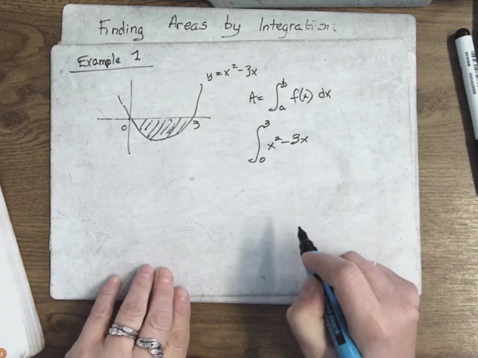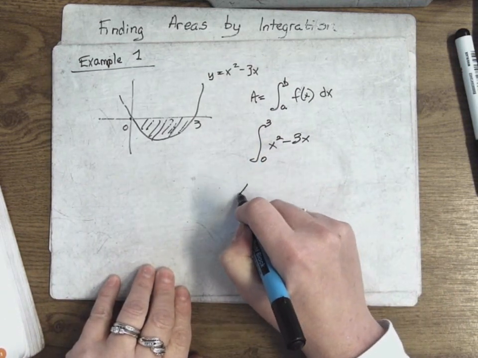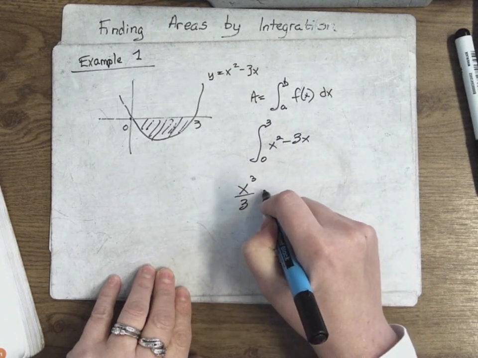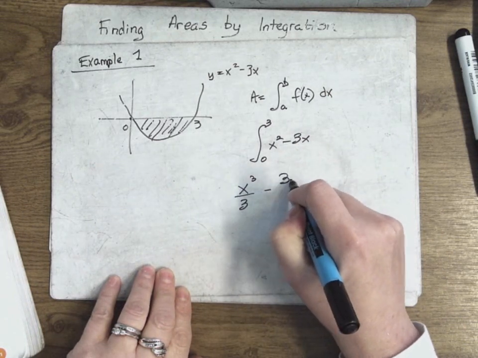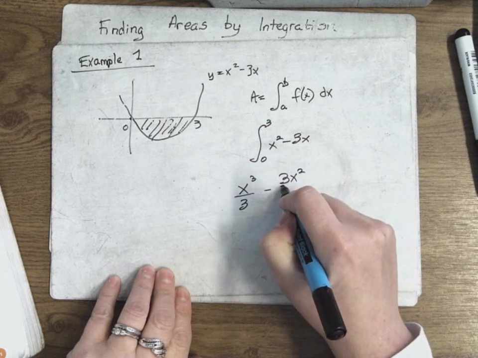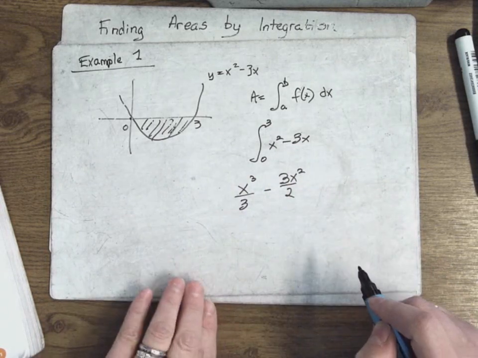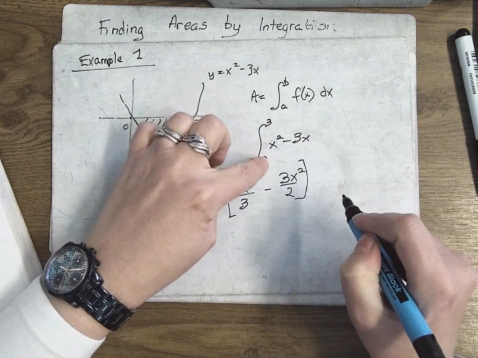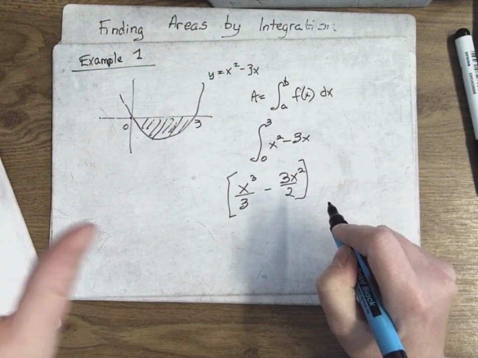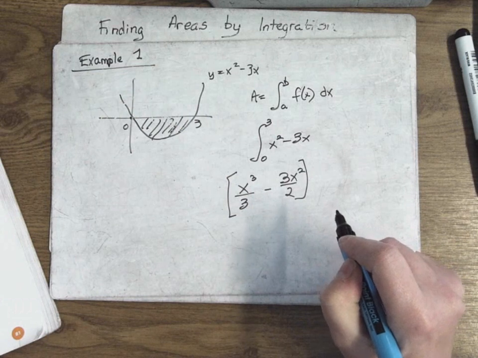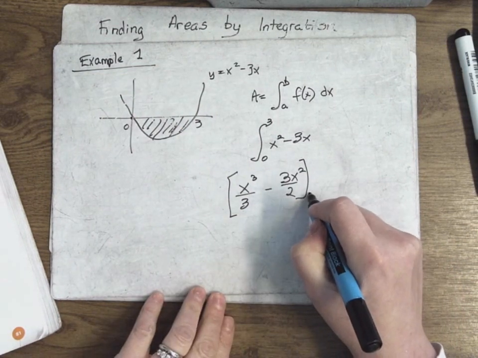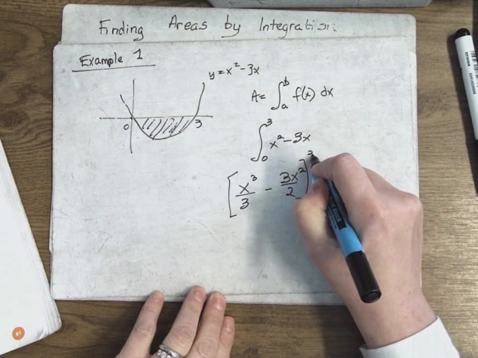So integrate first: increase the power by 1, divide by the new power, and for this one, increase the power by 1 and divide by the new power. Do I need to put on a constant of integration? No, because when I'm getting a definite integral, the plus c and the minus c will cancel out anyway. So I have to evaluate that between 3 and 0.